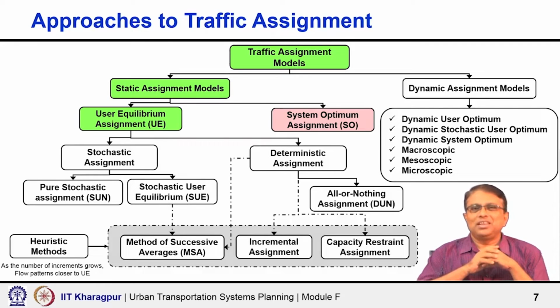But the whole system is still not getting optimized. Why it is not getting optimized is something you have to understand clearly. But let me first tell you what system optimal is. System optimal is the distribution of flows that gives me the minimum total aggregate travel time.